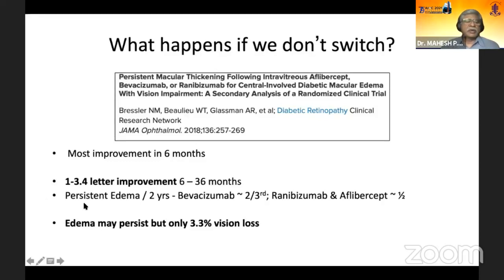So in this study, we found that persistent edema over 2 years, 2/3 of the patients on bevacizumab and ranibizumab and aflibercept, half of these eyes continued to have edema, but the edema resulted in only about 3.3% of the patients losing vision. So the edema can be there, we can tolerate fluid, but it doesn't mean that all these patients we need to have a dry macula, and for the dry macula we need to switch to another agent.